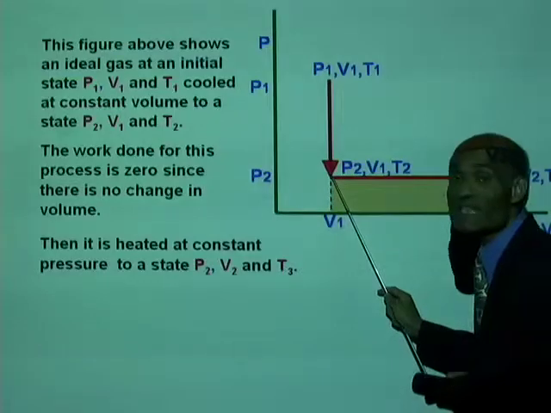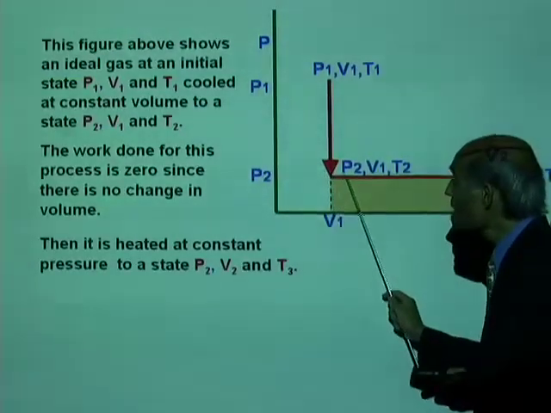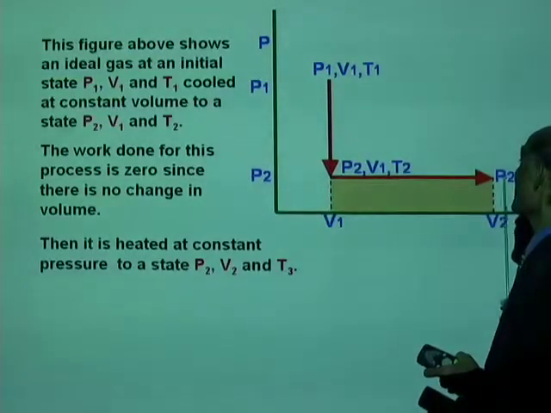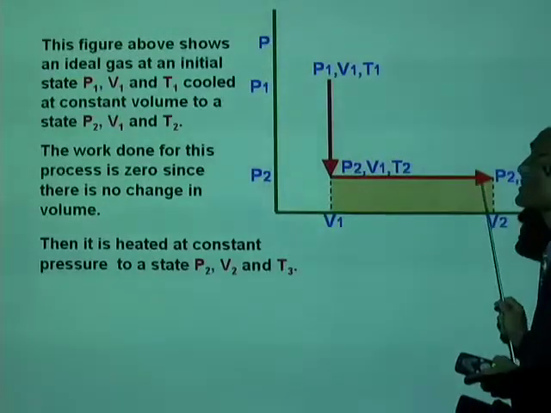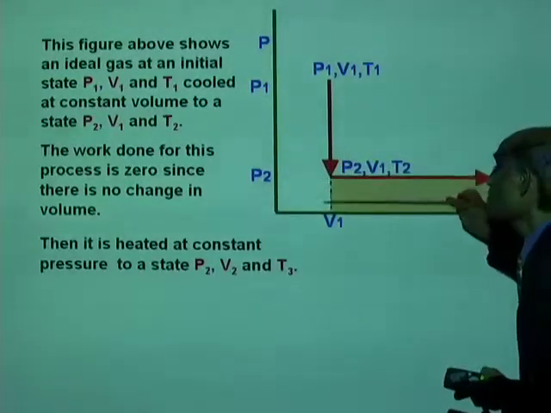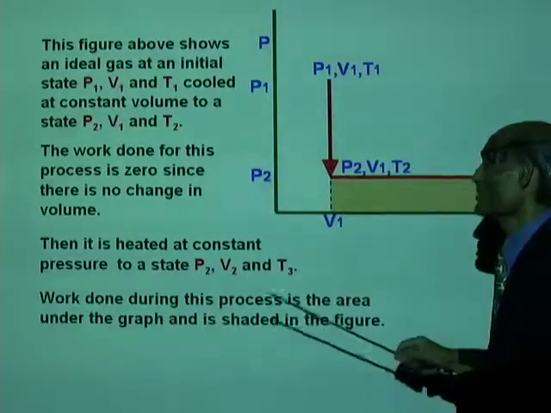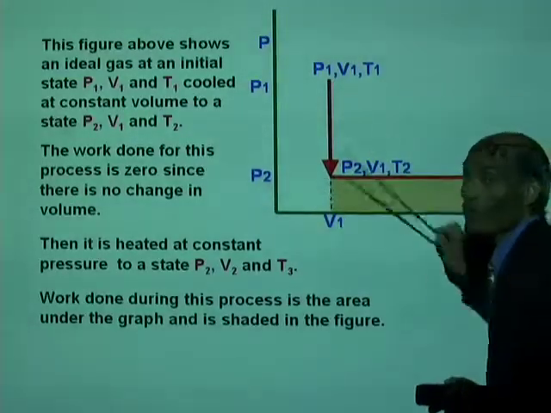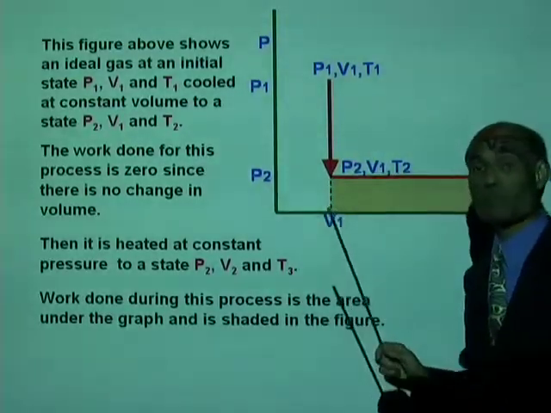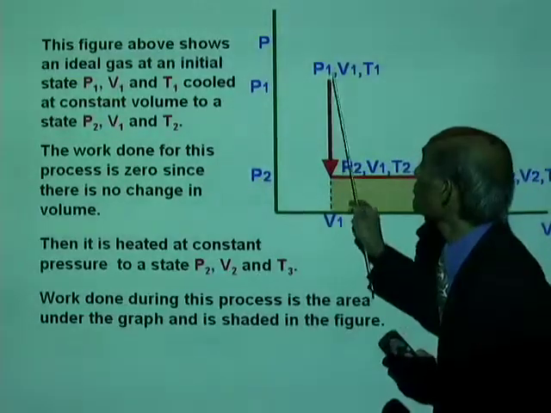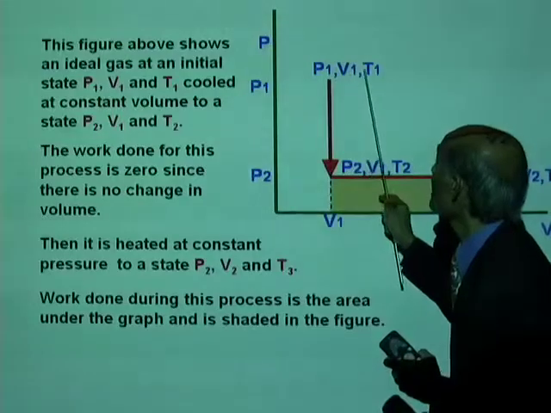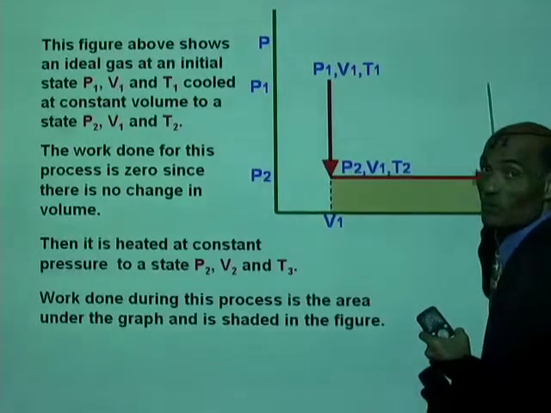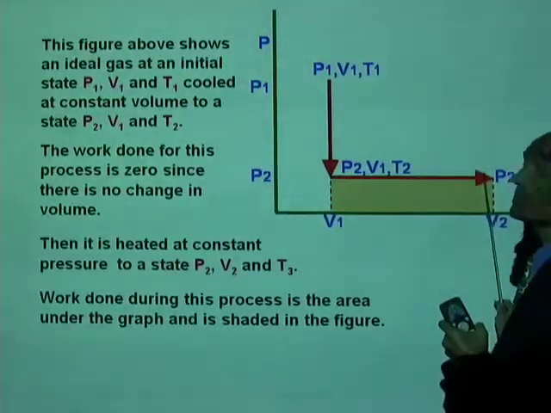Alright, now it is heated at constant pressure so that the state now changes to P2, V2, T3. Now, what is the work done during this time? Work done is the area under the graph, and this is the total work done. If you notice, in the previous case we took a gas from P1, V1, T1 to P1, V2, T2, and then to P2, V2, T3.